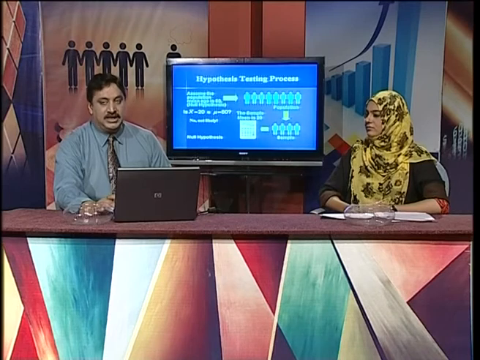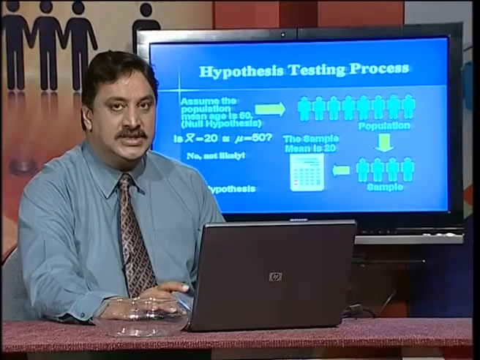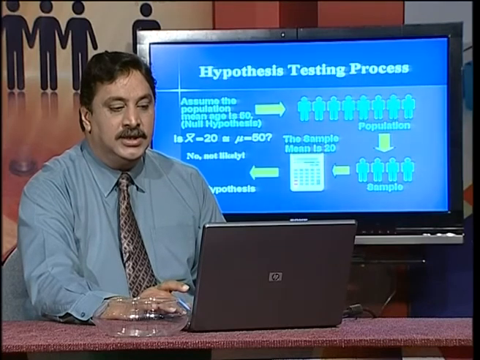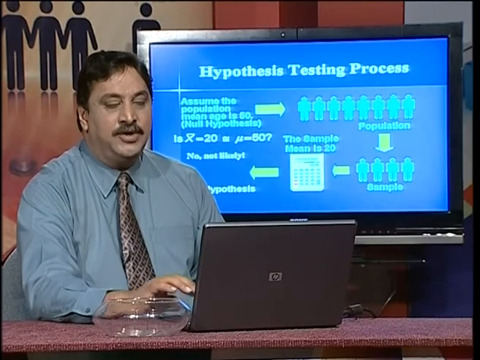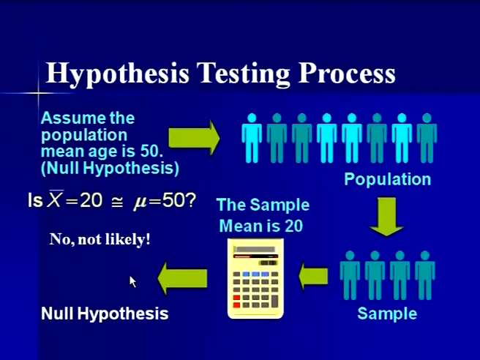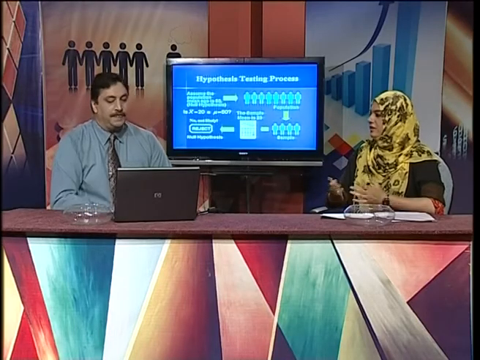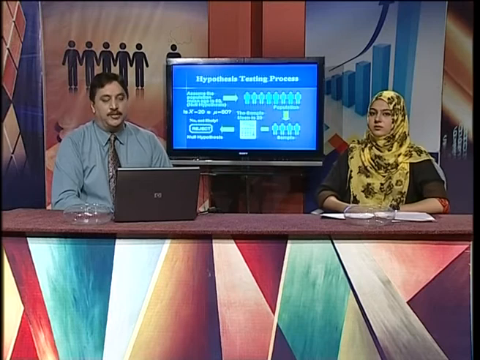When we go for the test and apply some sampling tools, definitely the mean age of the population is 50 and the mean age of the sample is 20. That's why we reject our null hypothesis. Basically, there is a difference. Clearly, it is not equal to the population mean.